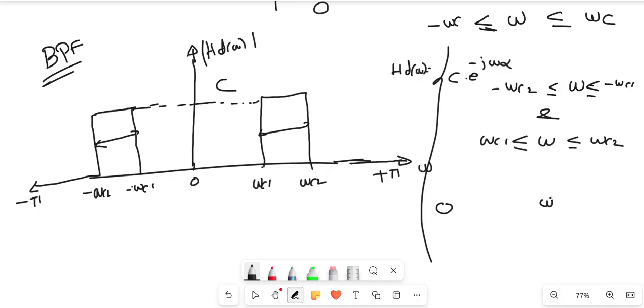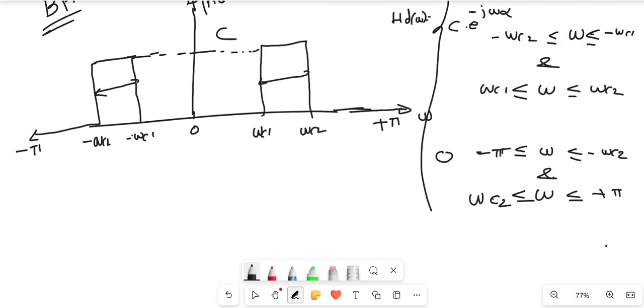So omega is greater than or equal to minus pi and less than or equal to minus omega c2, and omega is greater than or equal to plus omega c2 and less than or equal to plus pi, and one more range: omega is greater than or equal to minus omega c1 and less than or equal to plus omega c1.